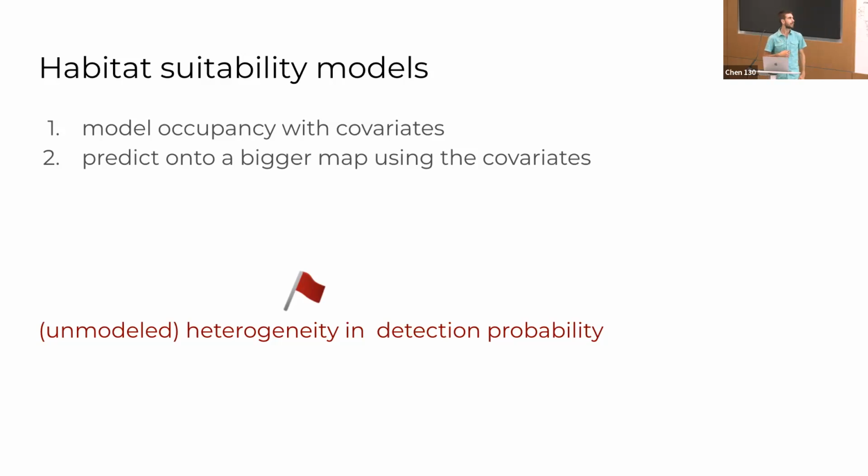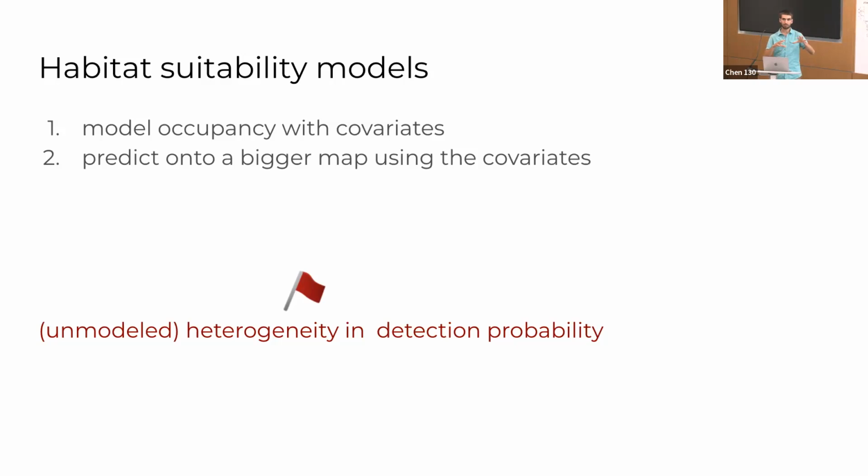And I'll just raise one more red flag here, which applies both to occupancy modeling and habitat suitability models. Remember that you can model your detection probability, so you can have predictors on whether you detect a species or not.